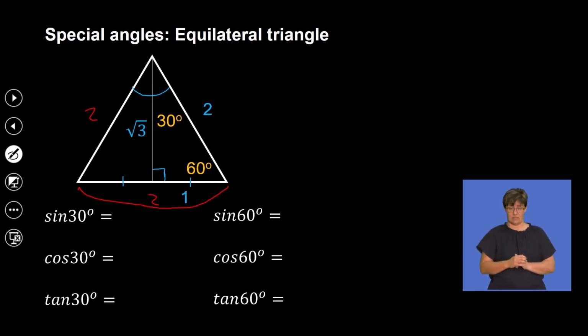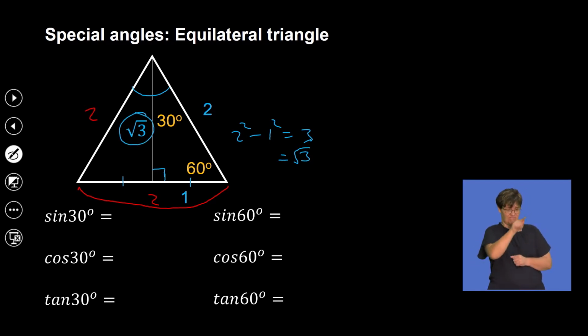And then to find the third side, I use the theorem of Pythagoras because of that 90 degrees. So that will make this 2 squared minus 1 squared, and this will be equal to 3, but I want the square root of this, so the third side will actually be square root of 3. That's why that value there is square root of 3.